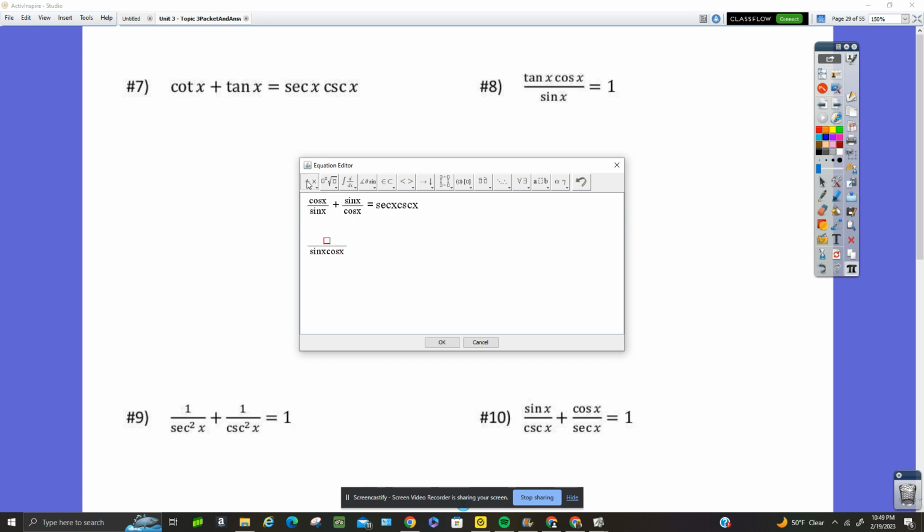And then this becomes cosine squared plus sine squared. And then 1 over sine x cosine x.